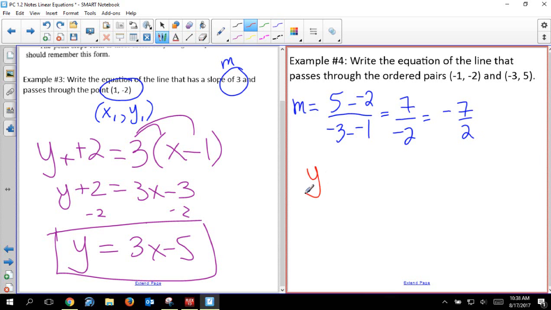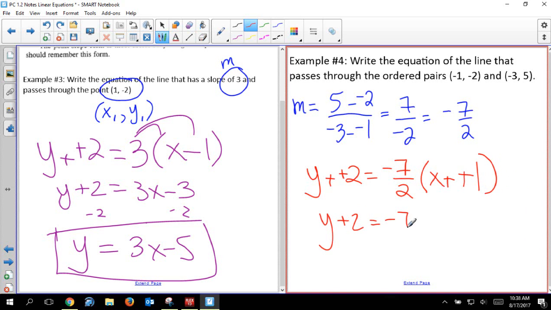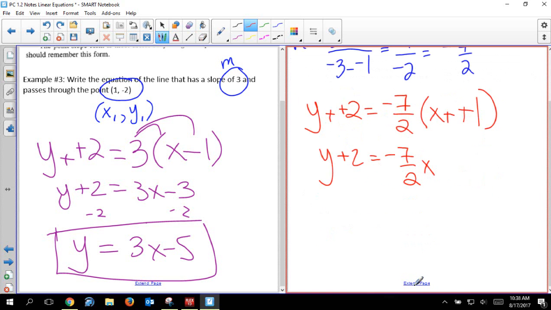So y minus negative 2 equals negative 7 halves times x minus negative 1. And then I'm going to distribute. And when I multiply negative 7 halves times 1, I get negative 7 halves.